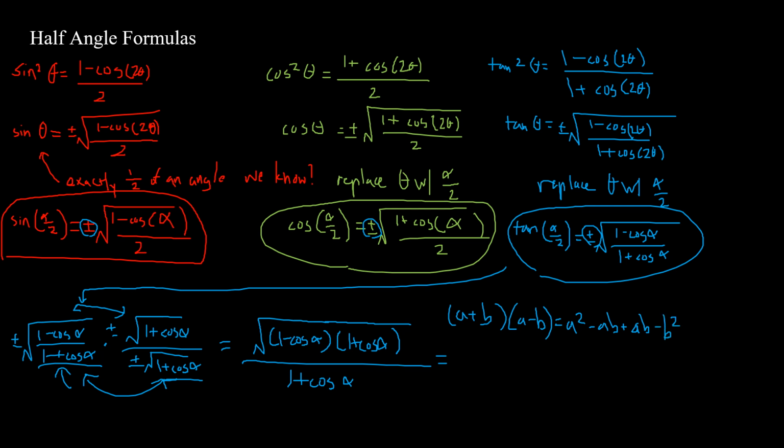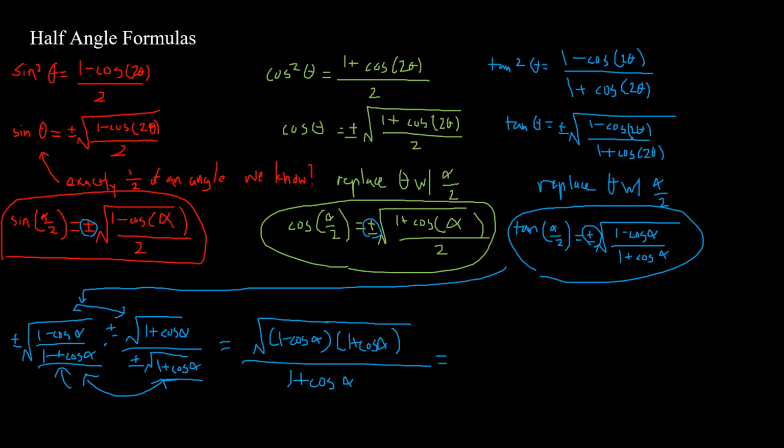And so that's just going to simplify into a squared minus b squared, because you're subtracting ab and then adding it back, so that's just going to equal 0. So if you have a plus b multiplied by a minus b, you're going to get a squared minus b squared. And then we can use this property to help us here.